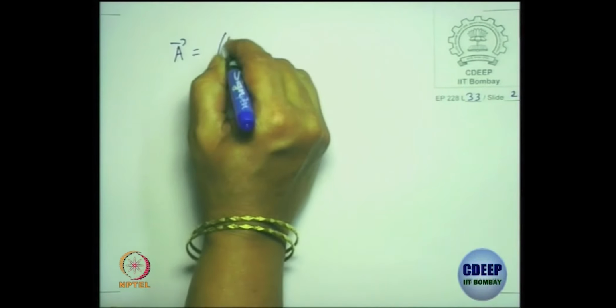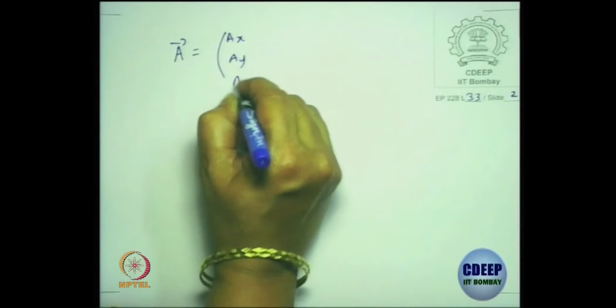So let's do it right away. You can write a vector as Ax, Ay, Az.